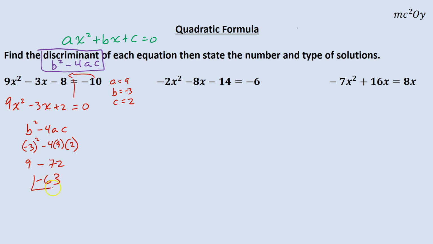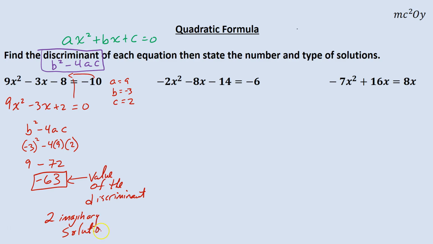So the value of the discriminant is -63, and since it's negative, that means there are two imaginary solutions. All right, which means it never crosses the x-axis.